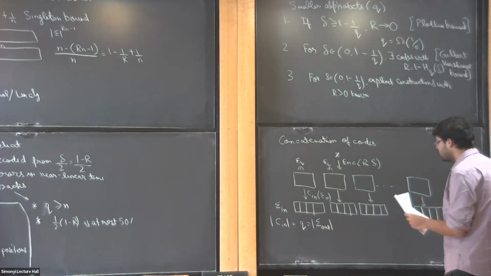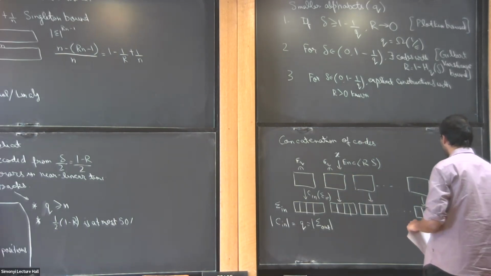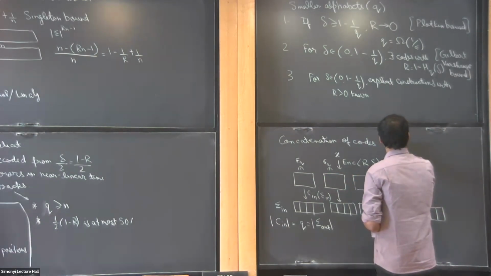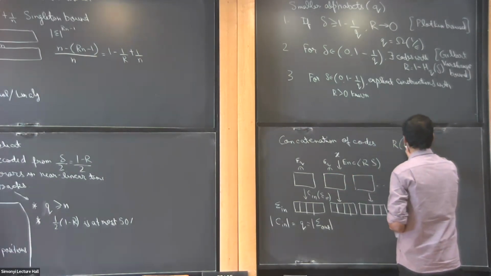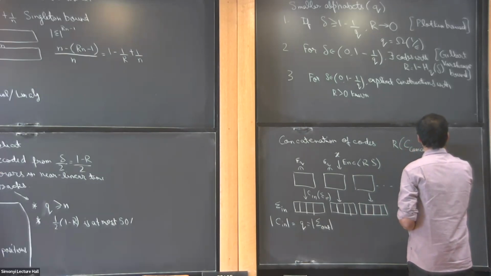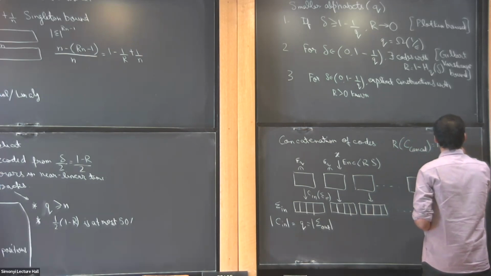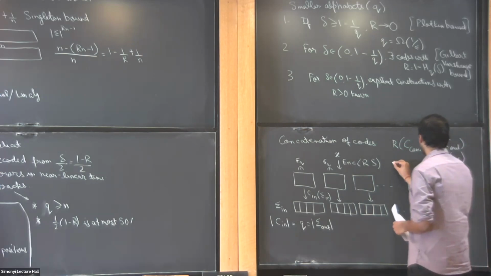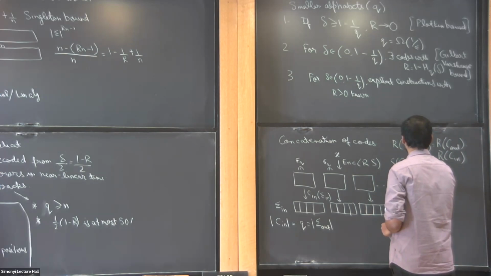Okay, I need to tell you about the parameters of the final code. It's not very difficult to show that the rate of the final code, let me call it C_concat, is actually the product of the rates of the outer and inner code. And same with the distance.